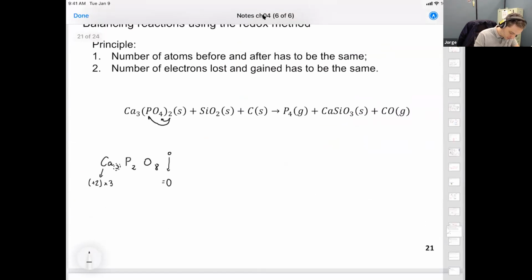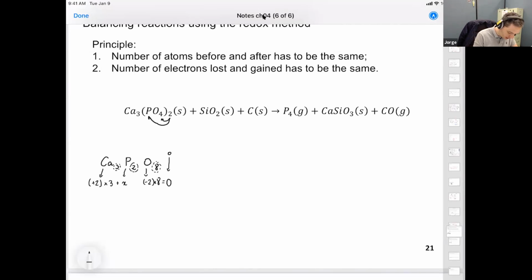So therefore we know that oxygen is 2 minus or minus 2, and again we have 8 atoms of oxygen in the structure. Therefore, we must multiply the oxidation number by 8 in this case. And what we are going to look for here is the oxidation number of phosphorus. So I'm going to call it X.